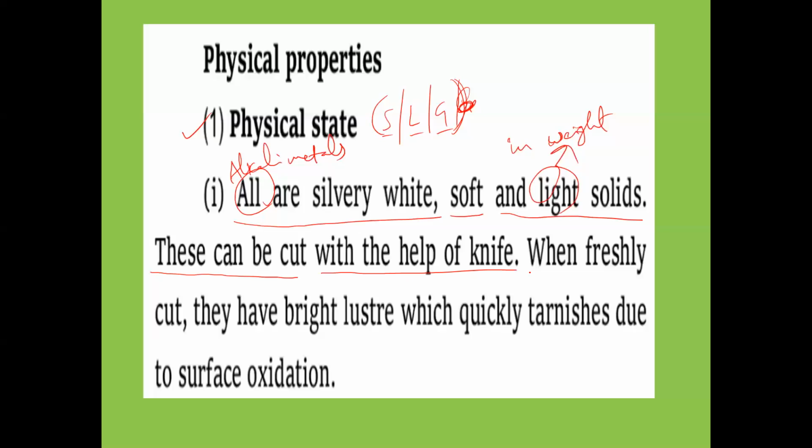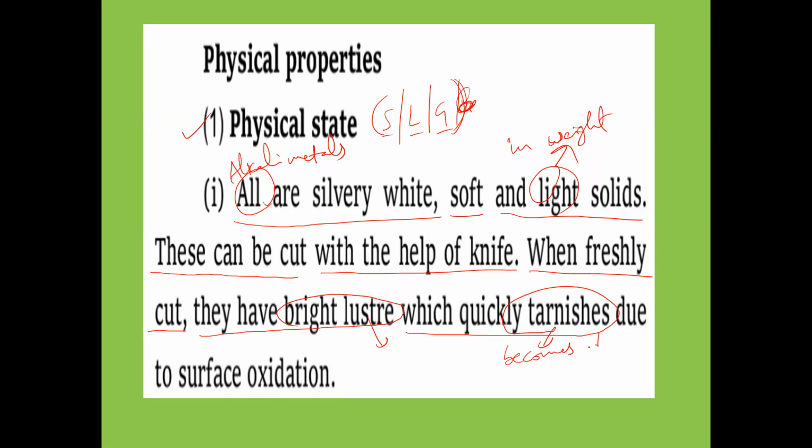When we cut the sodium metal freshly, it has bright luster. Luster means what now? The shining surface, the brightness. So bright luster will be seen, which quickly tarnishes. Tarnishes means becomes dull.